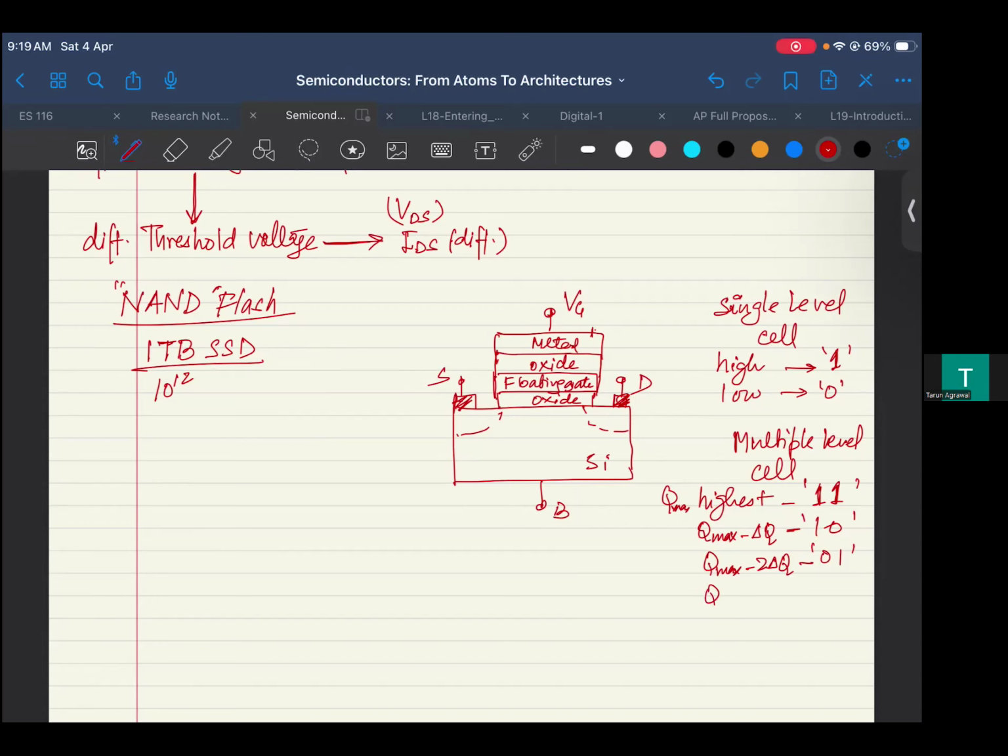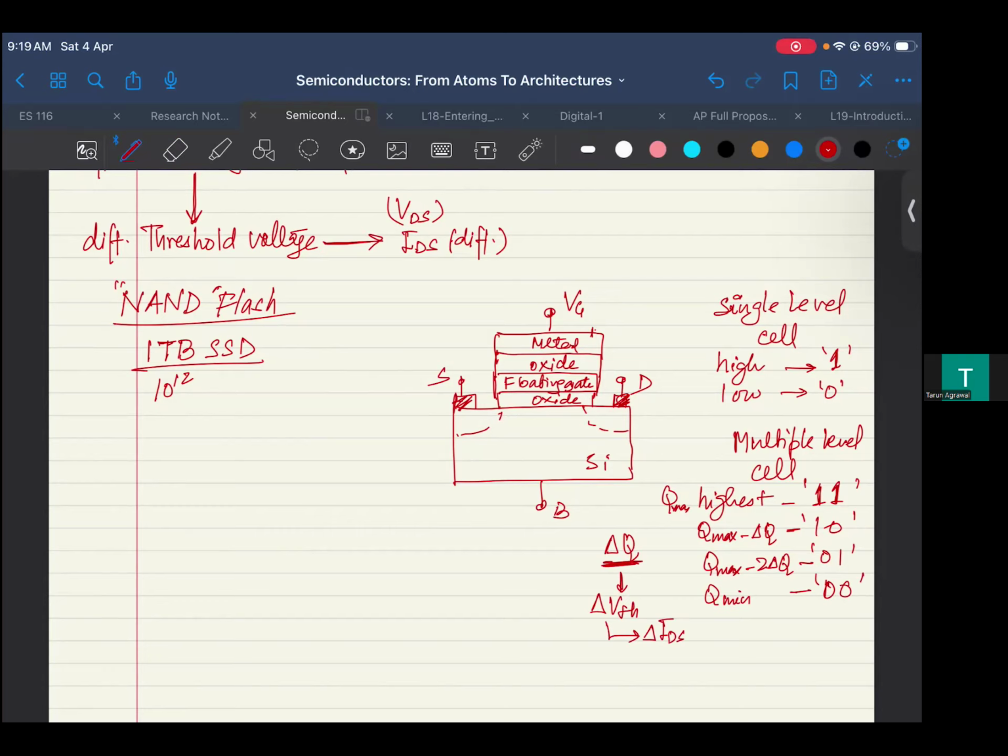And similarly, this is the Q min, which I would say is a 0 0, that is Q max minus 3 delta Q. So delta Q is the charge change in each state which you are having, and based on that you also get delta I, or delta VTH, and you can differentiate the current at the output.